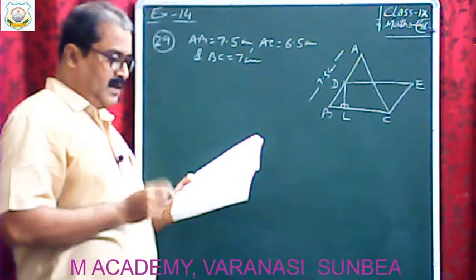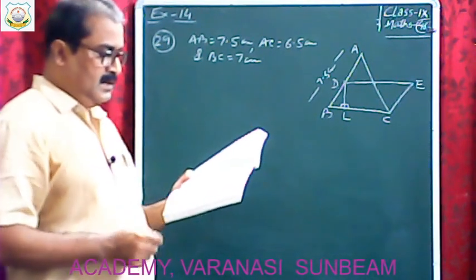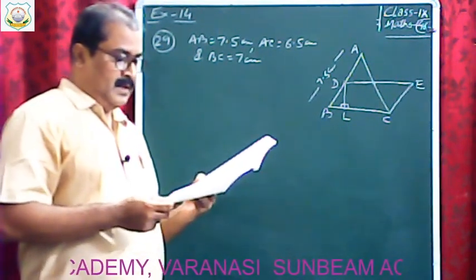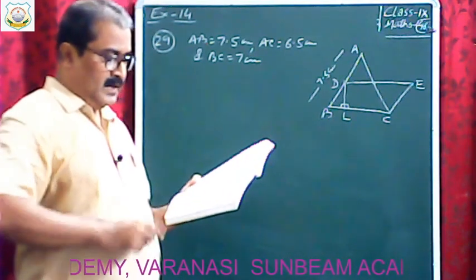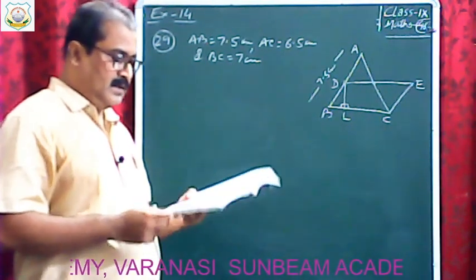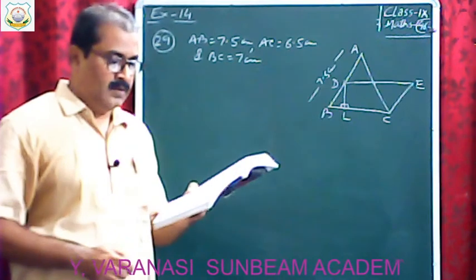On base BC, a parallelogram DBCE of same area as that triangle ABC is constructed. Find the height DL of the parallelogram.